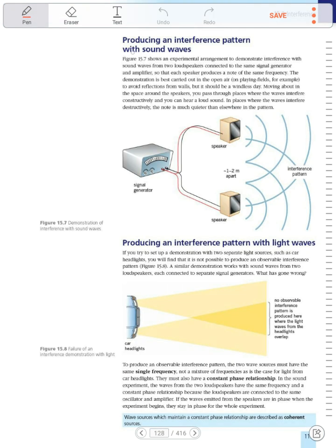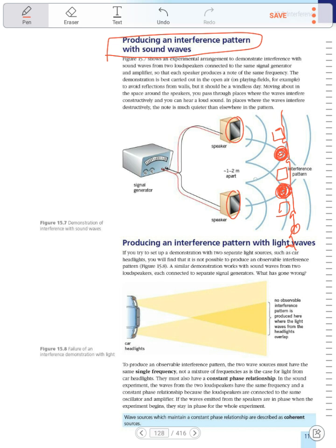The same thing happens with a sound wave. If we have two speakers here and we have a student walking like this, he will hear in some places a loud sound, here again a loud sound, here it's quieter, and here it's quieter, and here it's quieter, okay?